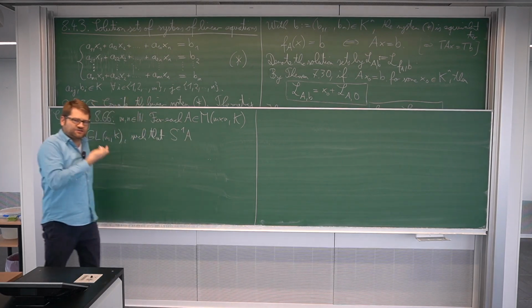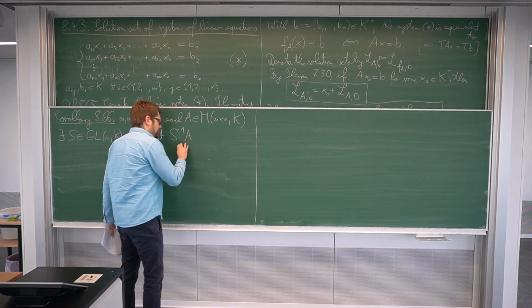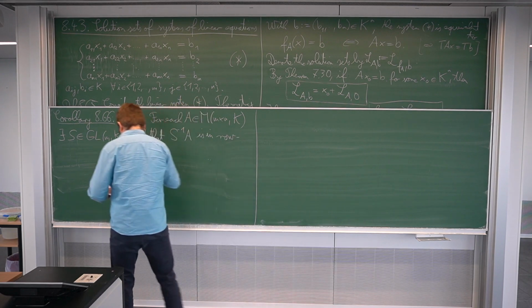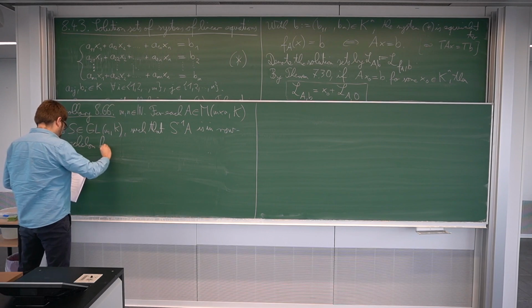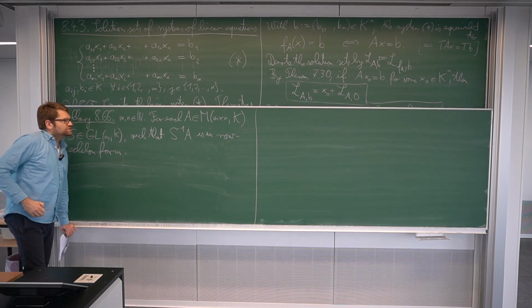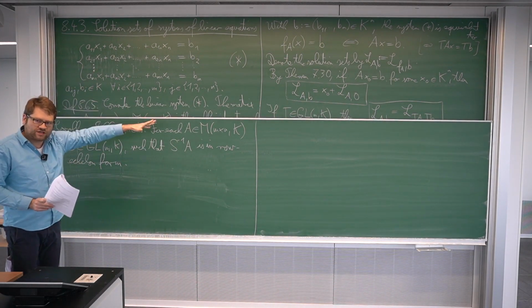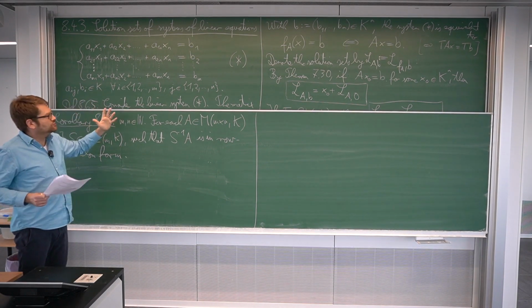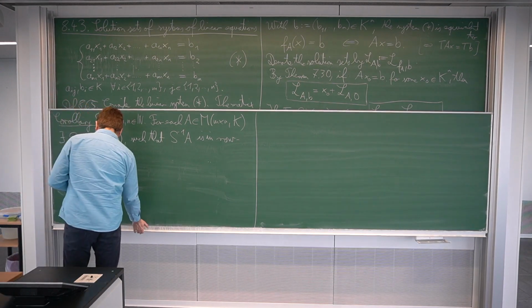It doesn't matter if I take S or S minus 1 here, because it's invertible, but I can always find an S such that this is in row echelon form. Now, the idea is to use these previous observations and this fact to study in detail linear systems where the coefficients are in row echelon form. Here we can use the special form of the row echelon type to really find solutions.